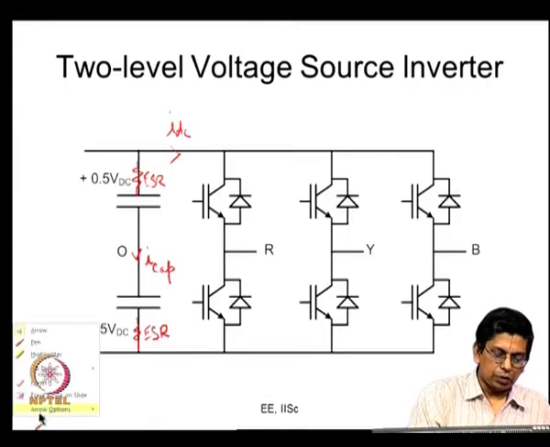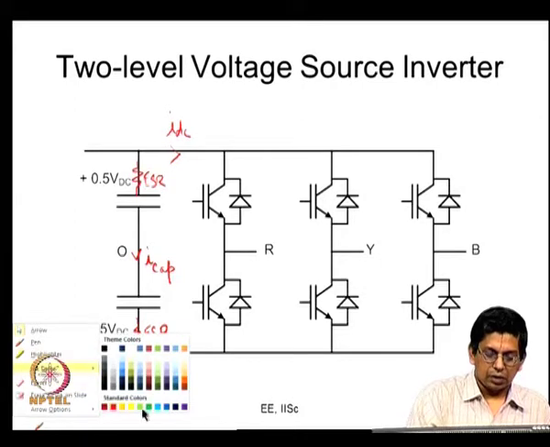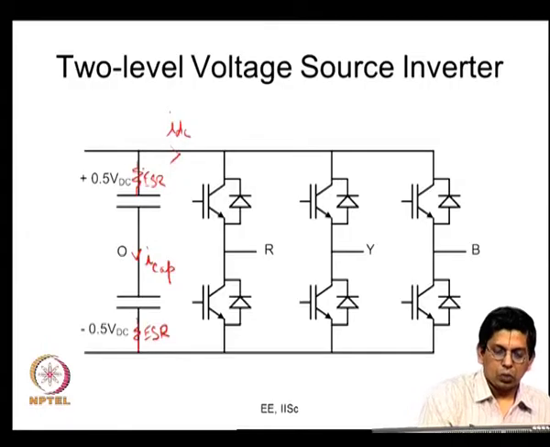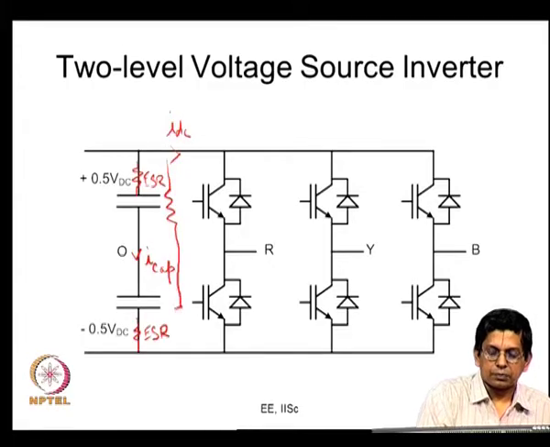There is another component of the power loss that you may have in an inverter. I will just draw it in a different color, or the same color is fine. There will not be a voltage balance here. So, what you will normally do is have some resistors connected like this. What would be the purpose of these resistors?